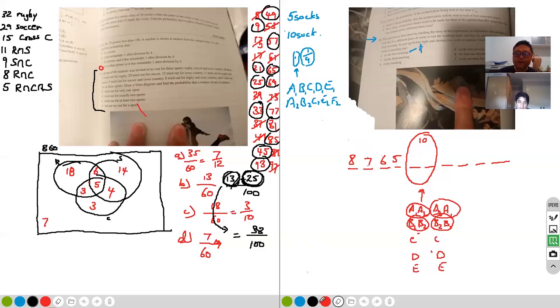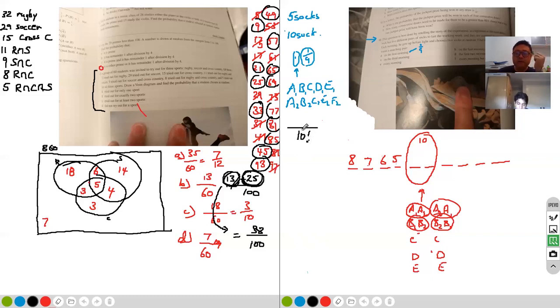So we already know that the total number of ways of choosing 10 socks into 5 pairs over 5 days is 10 factorial. Does that make sense? We already know that.